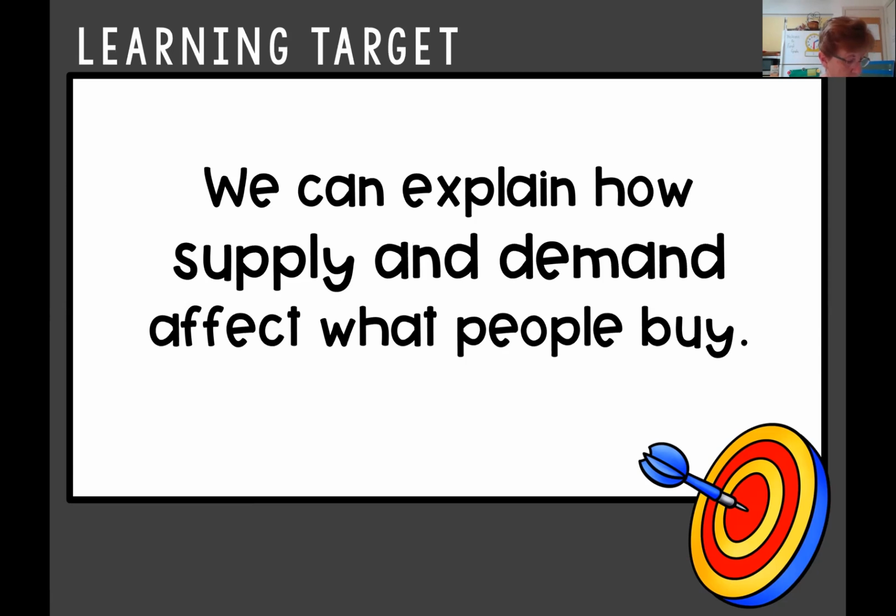Sometimes stores will have too much of an item and no one who wants to buy it. And that's called supply and demand. Right now, the supply in many stores for many of the goods that we want is low, while the demand for those items is high.